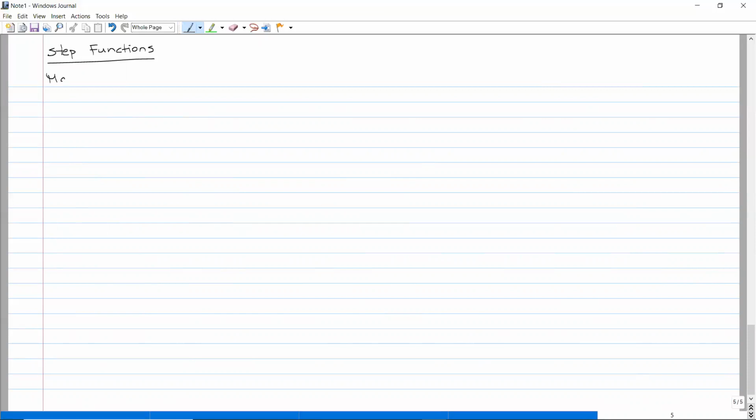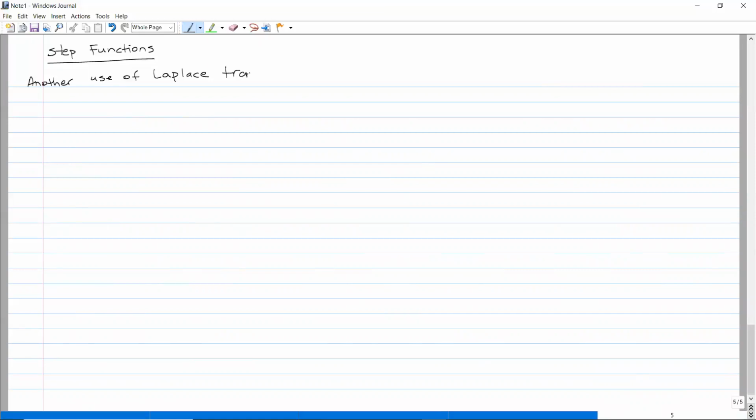The main use of Laplace transform, not main use, another use, let's say, because as in the previous example, we can also use our previous methods.